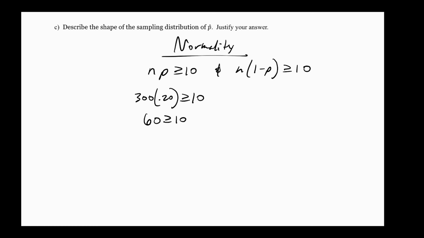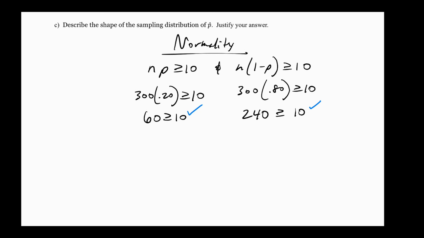That's a check. 300 times 0.8 is 240, that's the rest. That's also a check.